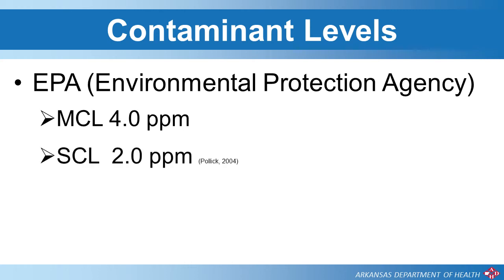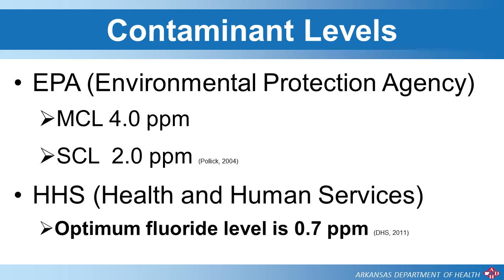To allay the fears, the secondary contaminant level was established at 2 parts per million. This is not an enforceable measure, but water systems at this level are required to inform their customers of an increased likelihood that children could develop dental fluorosis if too much fluoridated water is consumed.